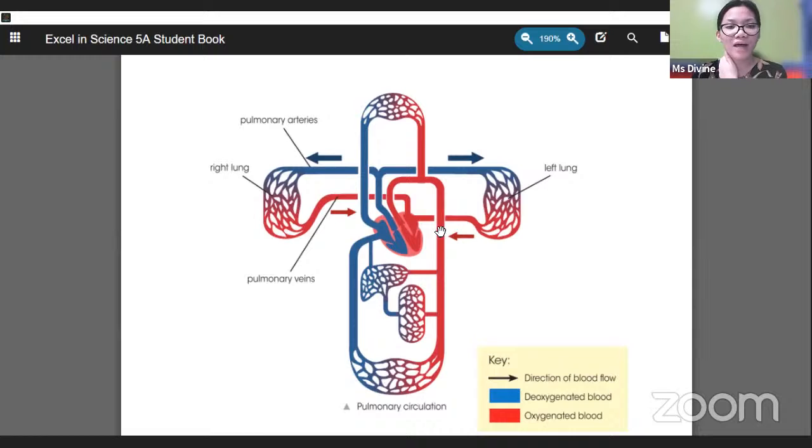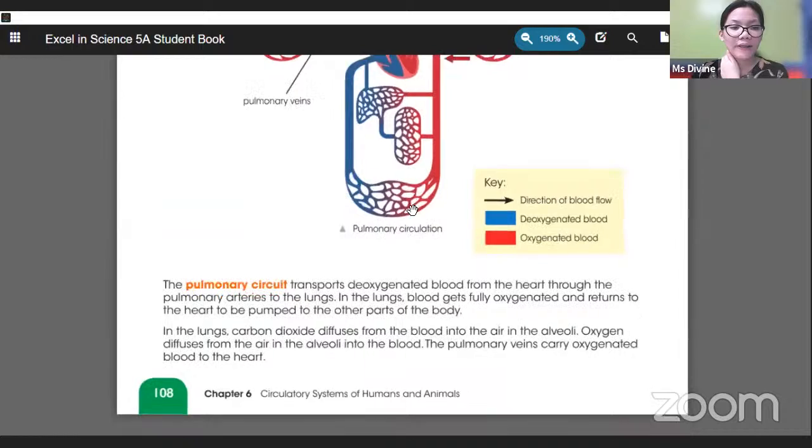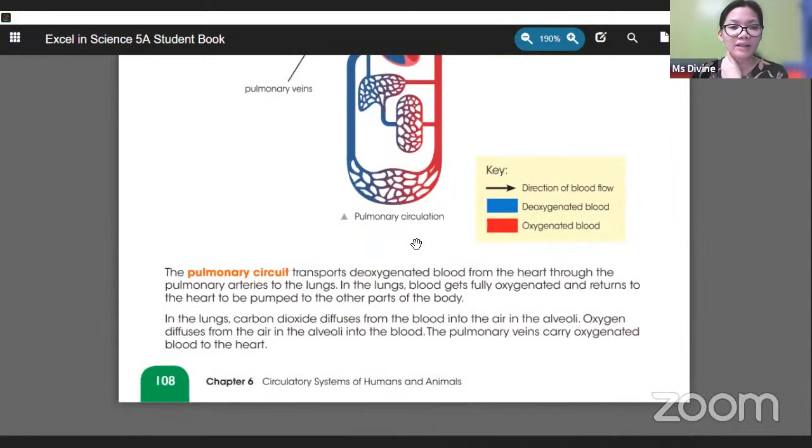The red pathway is the oxygenated blood, the blood with fresh oxygen mixed in. The pulmonary circuit is the transport of deoxygenated blood from the heart through the pulmonary arteries to the lungs. In the lungs, carbon dioxide diffuses out, and oxygen diffuses from the air in the alveoli into the blood. Pulmonary veins carry oxygenated blood to the heart.